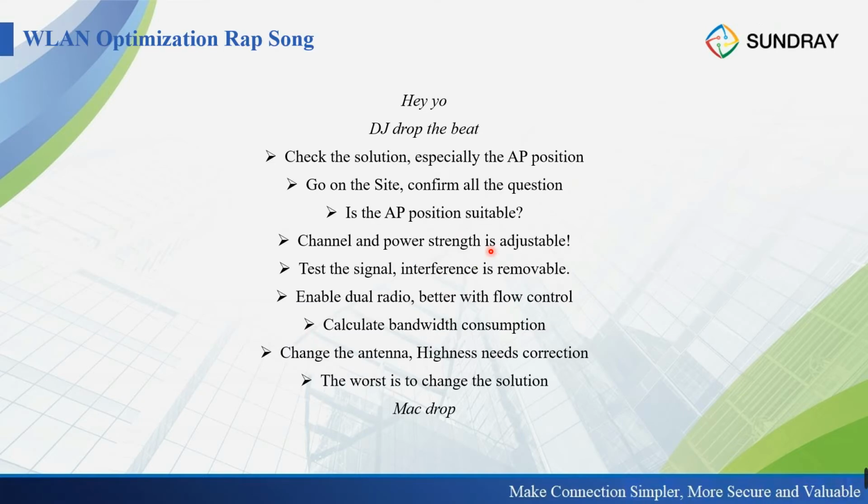So here is a rap song about optimization. Check the solution, especially the AP position, and go on the site. Confirm all the questions, and confirm the AP's position if it is suitable, and then the channel and the power settings if they are correct.